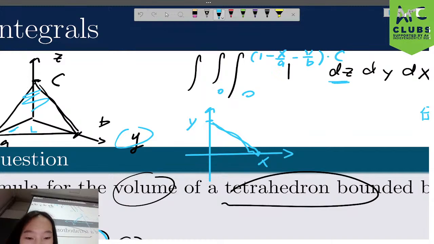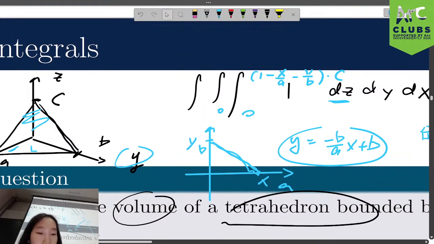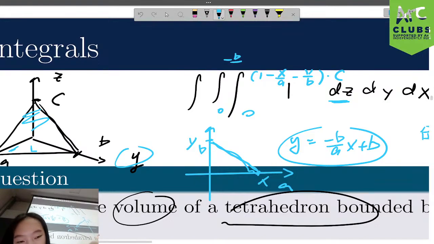Okay, so a straight line, and it's very easy to represent. This is just y equals negative b over a x plus b, because the y coordinate here is b and the x intercept is a. Okay, cool. That's just over here. So our bound could be represented as negative b over a x plus b. So that's our upper bound for y.